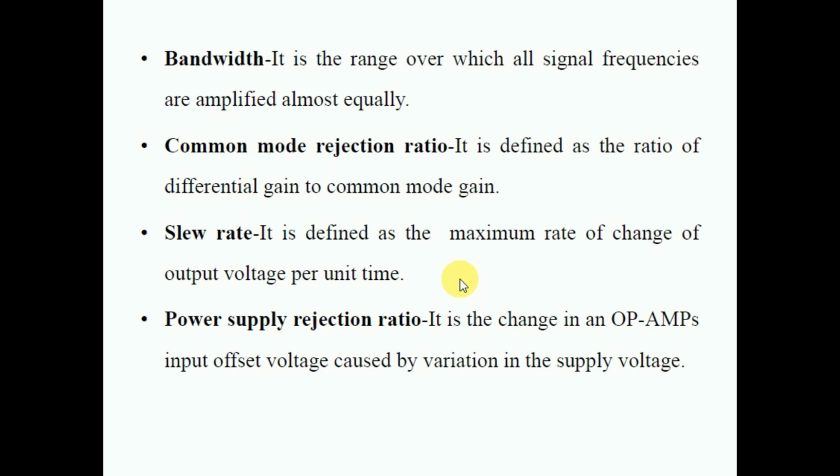And this slew rate is basically a performance parameter of the operational amplifier. After that, the power supply rejection ratio is nothing but the change in the operational amplifier's input offset voltage caused by variation in the supply voltage.